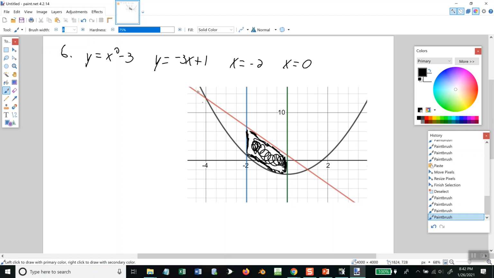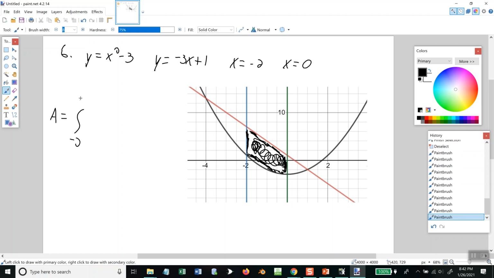This is one that I could see myself putting on a test, because you should be able to graph this easy, right? You know, x squared minus 3, that's your parabola shifted down 3 units. And you should be able to graph a line. Okay, so our setup, we want to find the area. I'll go from what value to what value?